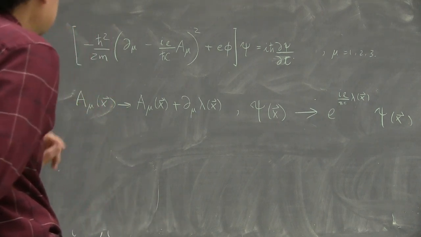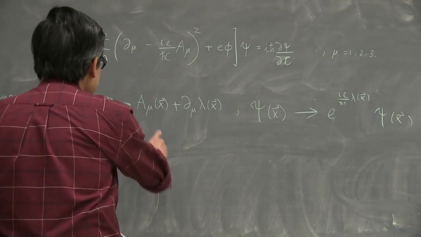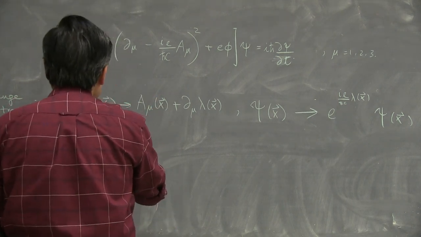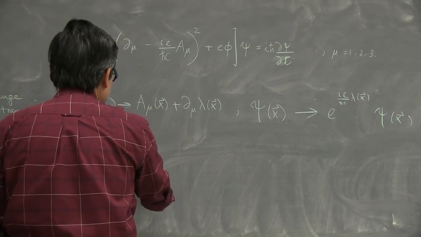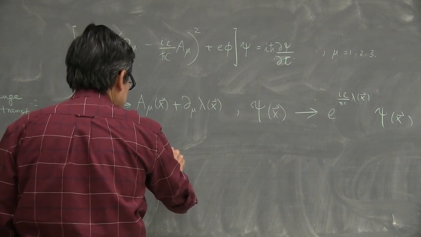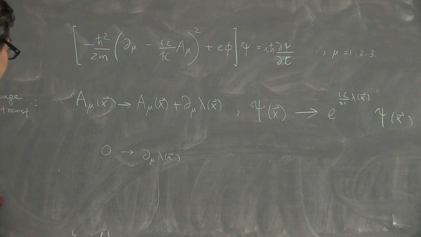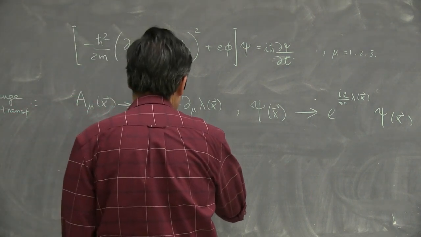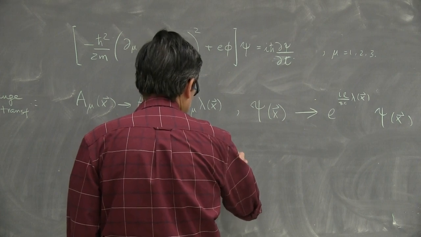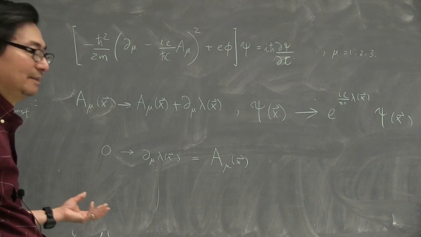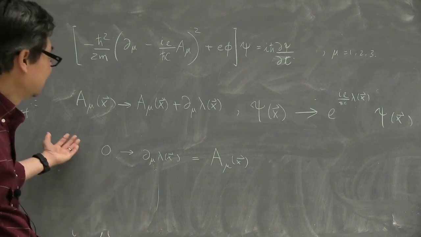In other words, something like this. Supposing that originally this thing is equal to 0. So 0 goes suddenly to d mu lambda of x. So the new A is equal to d mu lambda of x. Originally A is equal to 0, so the new A is like this.